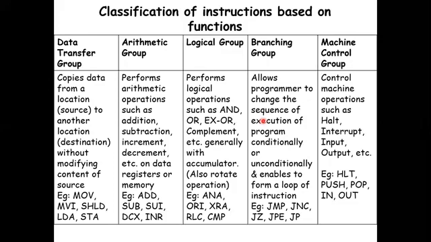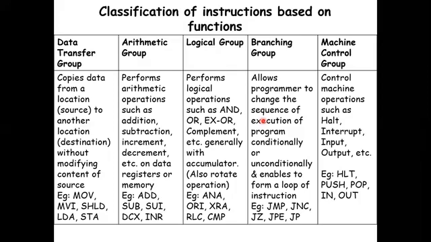Data transfer group means we are sending data from one location to another, between registers, between memory and register, or register to memory.